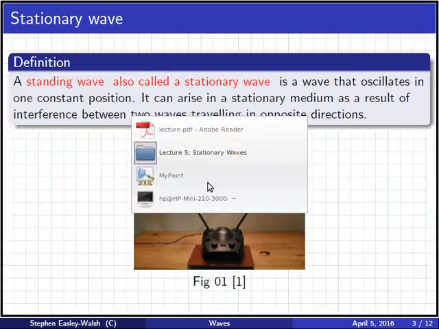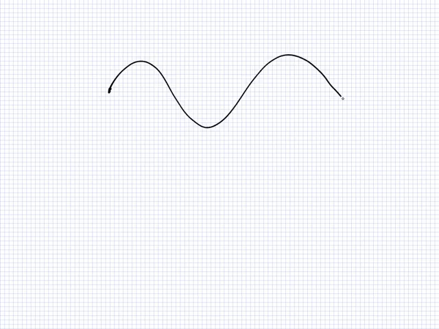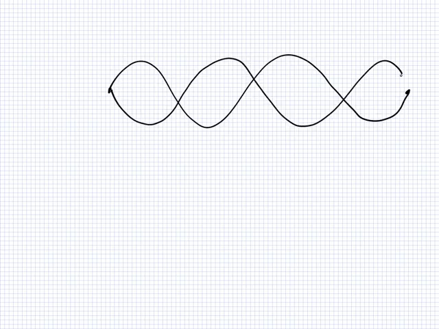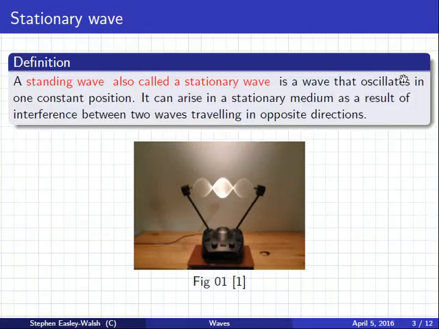What's happening basically is the wave is switching between this and then quickly becomes this. It's like it's flipping upside down. This happens so quickly that when we look at it with our eyes, it looks like this shape. So basically the wave is flipping up, down like this. It's not moving anywhere, it's just turning upside down.